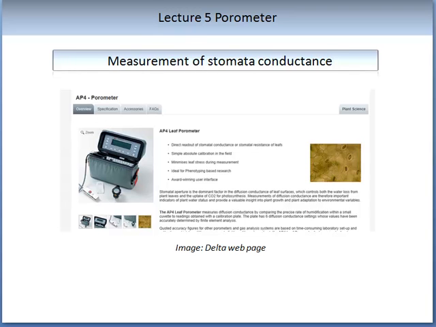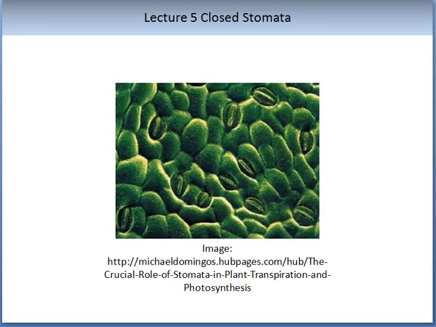A third way that can also be applied is to take very high resolution photographs that enable you to physically see how open or closed each stoma is. This image on the slide shows stomata, most of which are closed. That means the guard cells are flaccid.